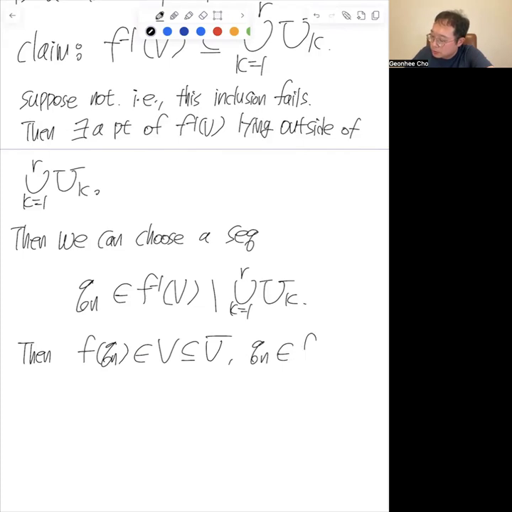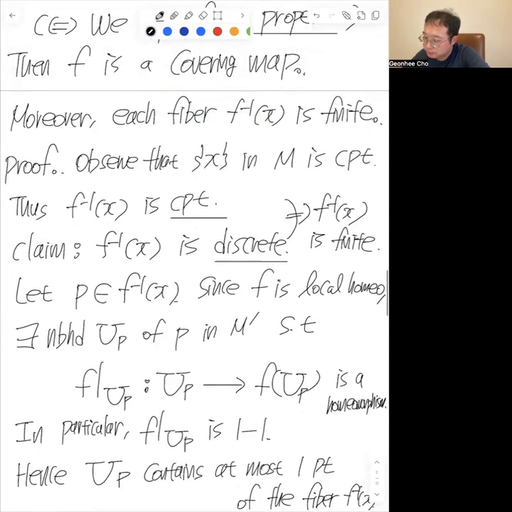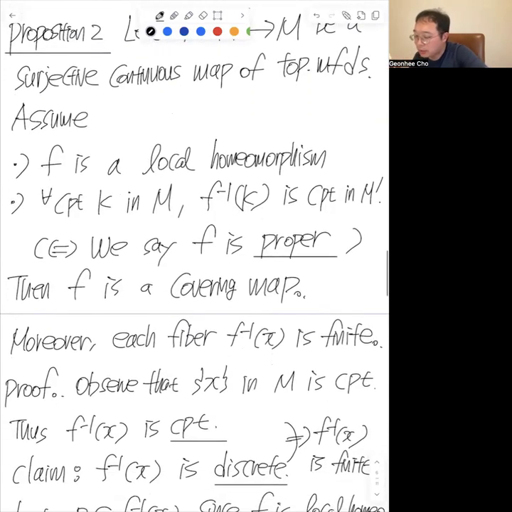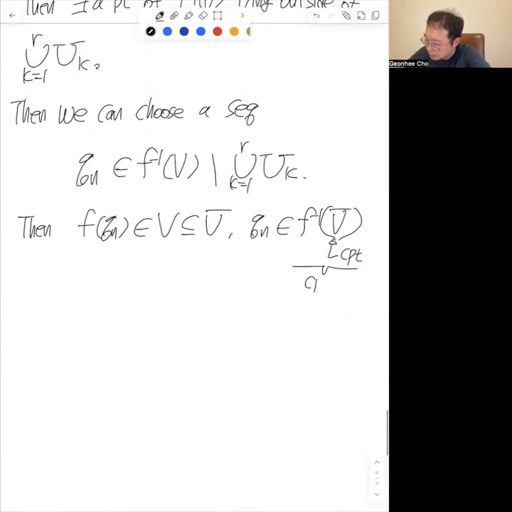So Q_n belongs to F inverse of V closure. Now let's use the fact that because this V closure is compact, by the second hypothesis, the inverse image of each compact set must be compact. So it guarantees by the assumption this must be compact.